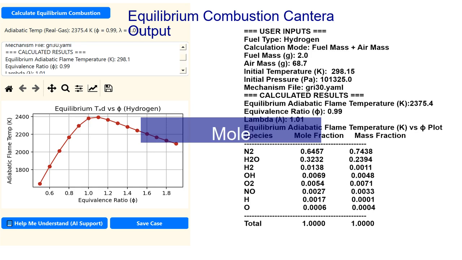Calculated results: equilibrium adiabatic flame temperature 2375.4 K, equivalence ratio 0.99, lambda 1.01.